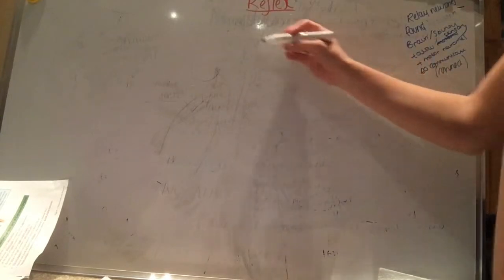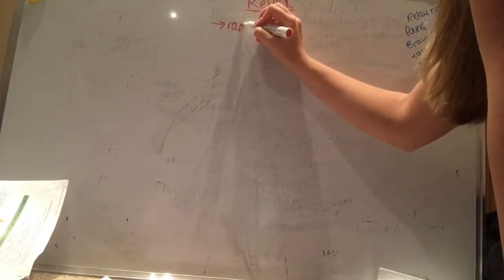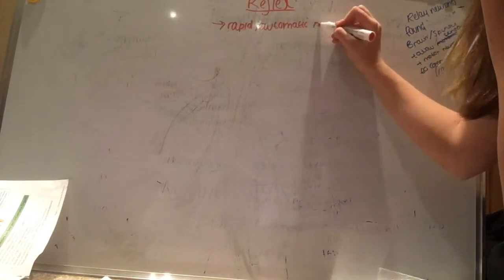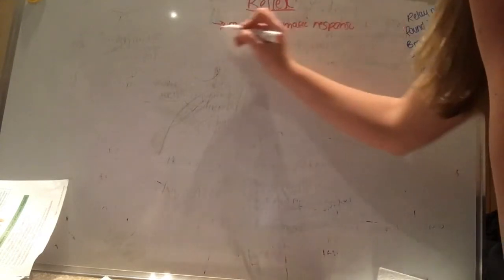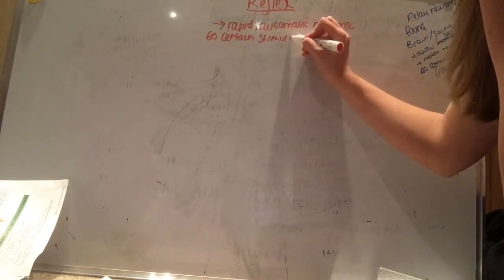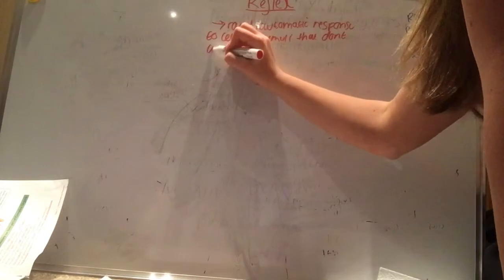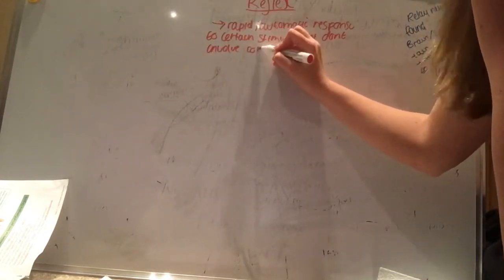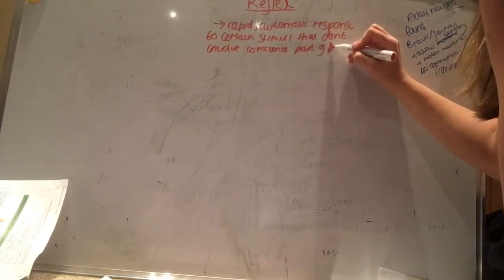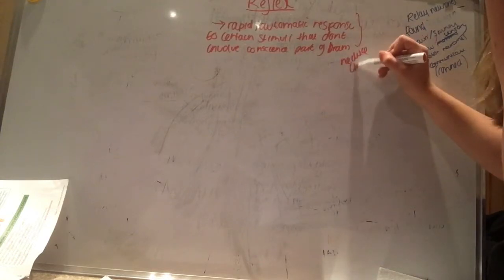The definition, well, not really a definition, but it's basically a rapid, automatic response to certain stimuli that don't involve the conscious part of the brain, and they reduce injury basically.